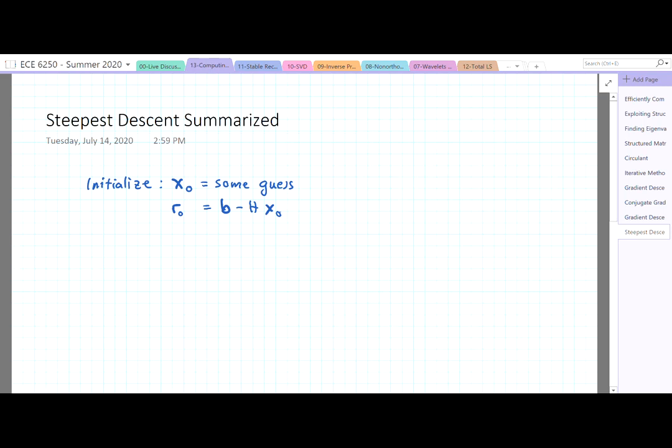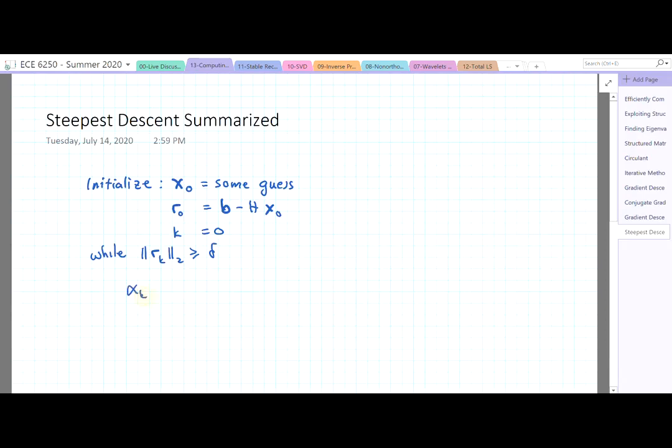Now we're not doing a for loop, we're doing a while loop. So we're going to initialize our loop counter to k equals 0, and we do while the residual rk is greater than or equal to some delta.